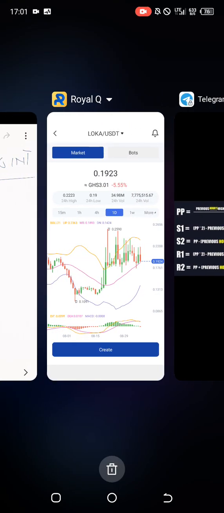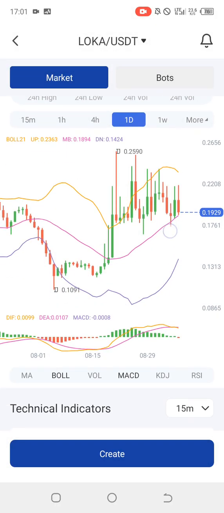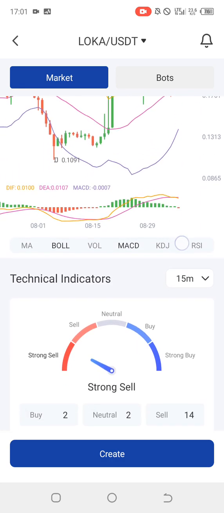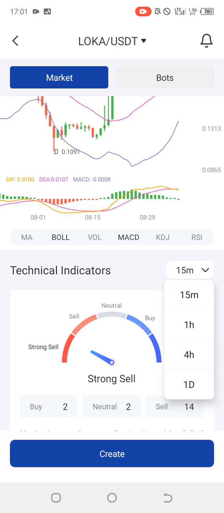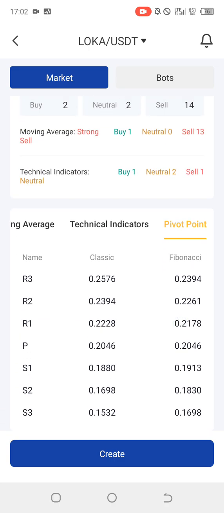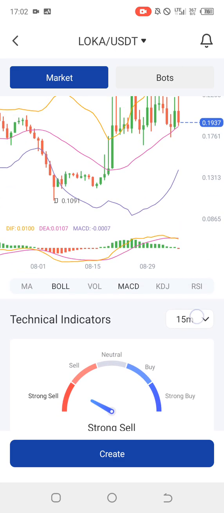So if you check your pivot point, hold on. So I go here, just scroll. You type on the coin, just scroll, then come to 1 hour, 15 minutes. The 15 minutes pivot level prices will be very close to the market price, meaning you are a scalper, you want the market to buy the asset at least a little bit faster than the one who will use the 1 hour.